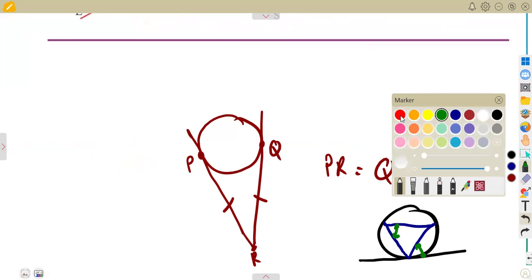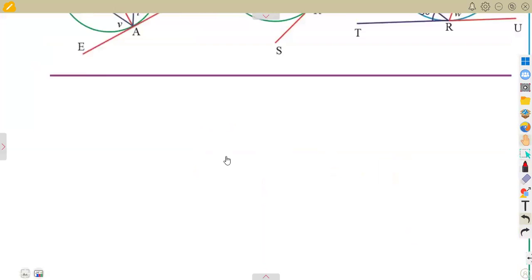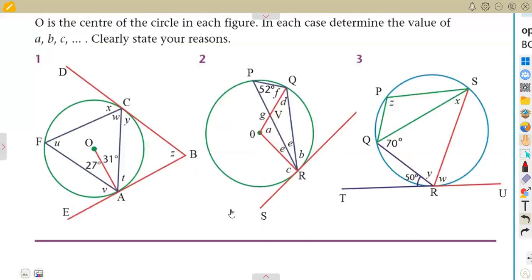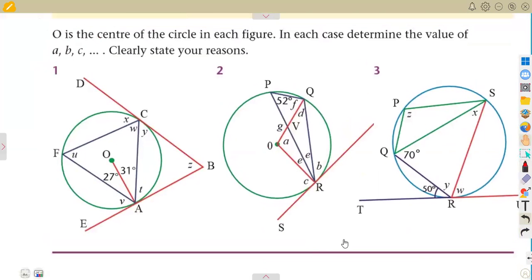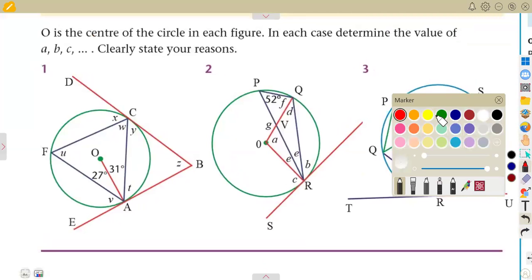So the angle that we have at this point here is the same as this angle here. This is all about your tangents that you need to know. It does not mean that when you have a tangent you just focus on the tangent. You have to also think of other theorems that we have in our syllabus.